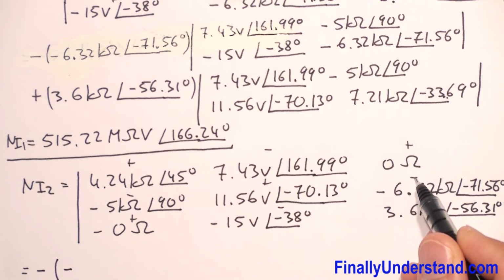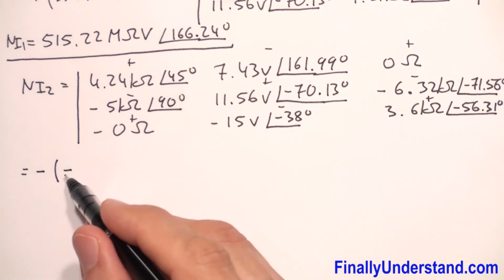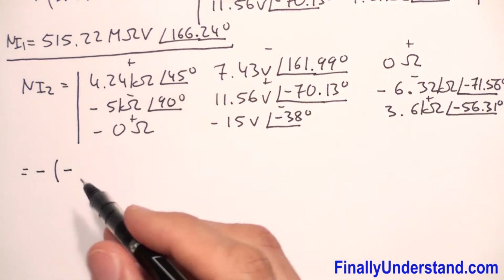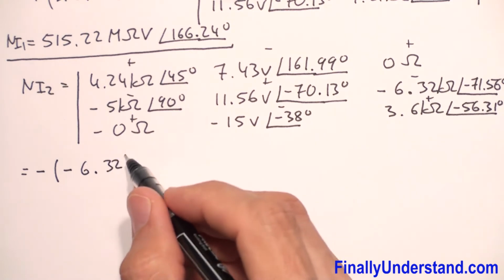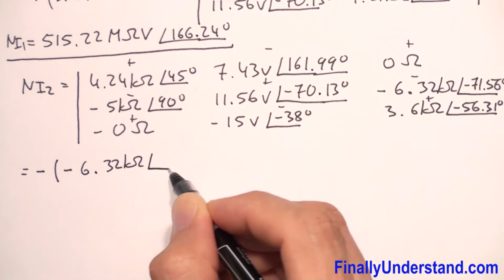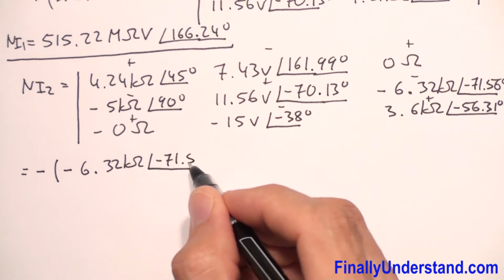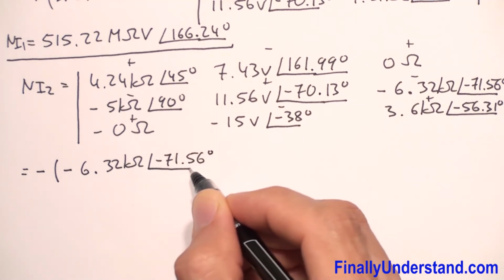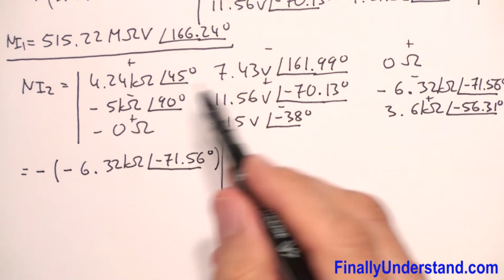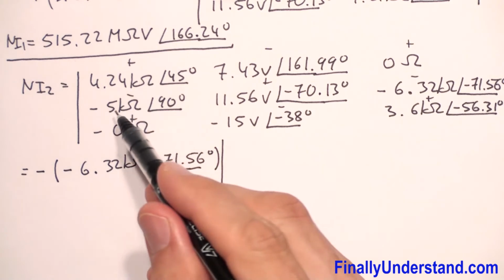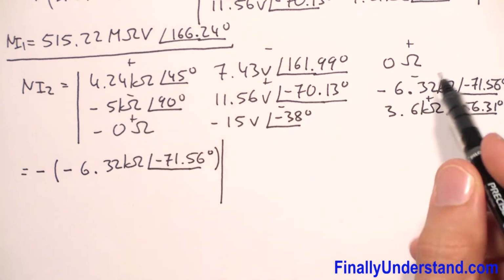The first negative is from the top. So I have negative times negative 6.32 kilo ohms, an angle of negative 71.56 degrees. Okay, and remember, I cannot use any value from this row and this column.